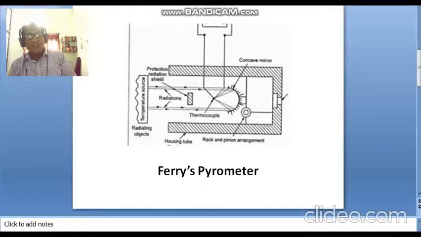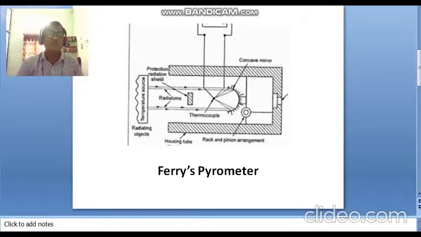Then there is a temperature difference between the hot junction and the cold junction. Due to the variation in temperature, thermo EMF is generated in the thermocouple. Due to the thermo EMF, the needle deflects in the millivoltmeter.